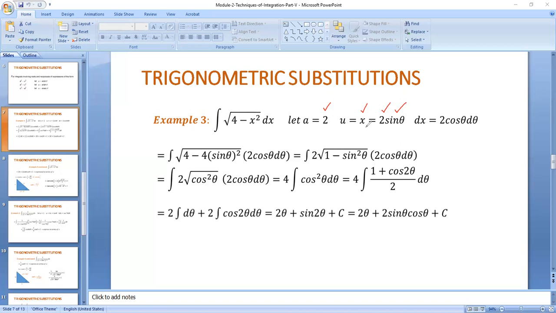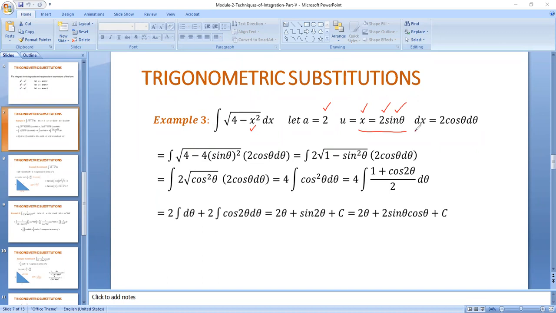With this substitution equation, you differentiate it. This will give you a dx on the left side. 2 is a constant, and it is to be multiplied to the derivative of sine of theta. The derivative of sine theta is cosine of theta.